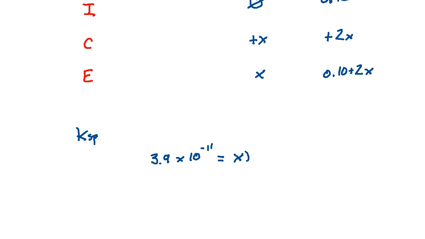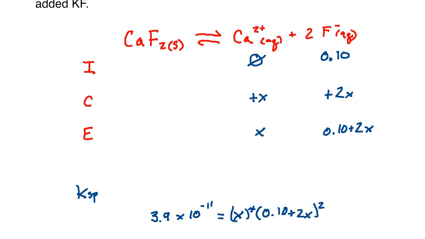And then that x is going to be multiplied by the entire portion for the fluoride, which is 0.1 plus 2x squared.